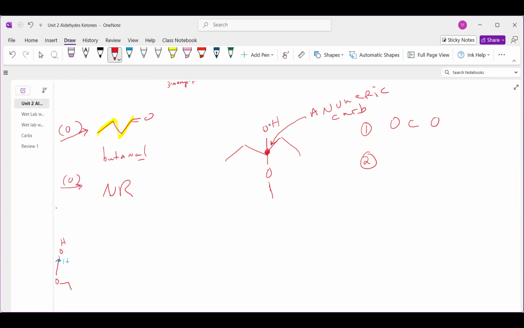Okay. And that middle C on the OCO is the anomeric carbon. So on the anomeric carbon, is there an H present? And remember, carbon has four bonds.